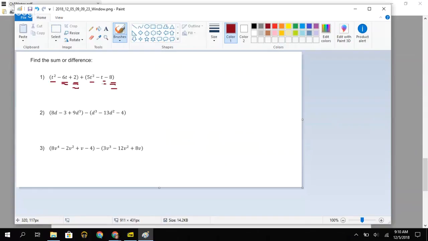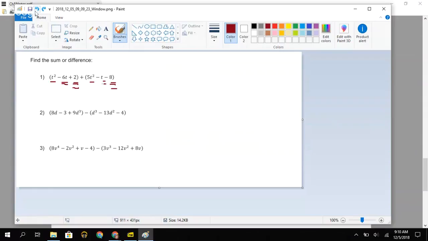We're allowed to combine like terms to add our polynomials. So t squared plus 5t squared would be 6t squared.